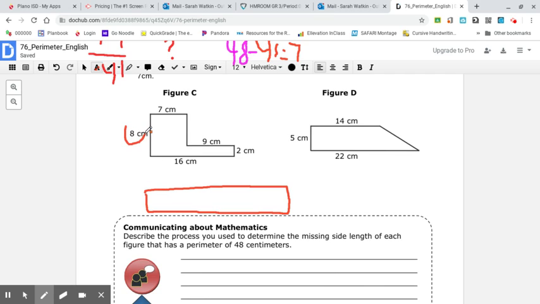We have 8 plus 7. We don't know what that one is. Let's do that different color this time. We don't know what that one is.